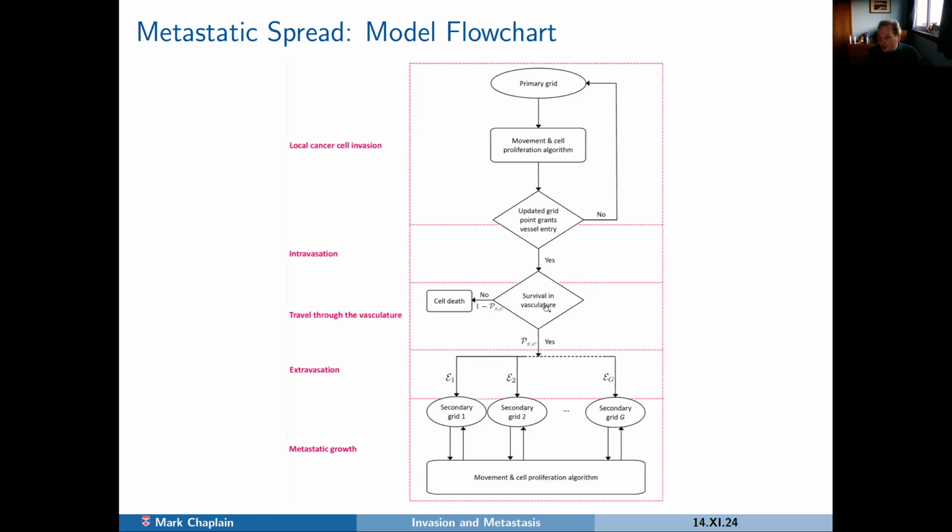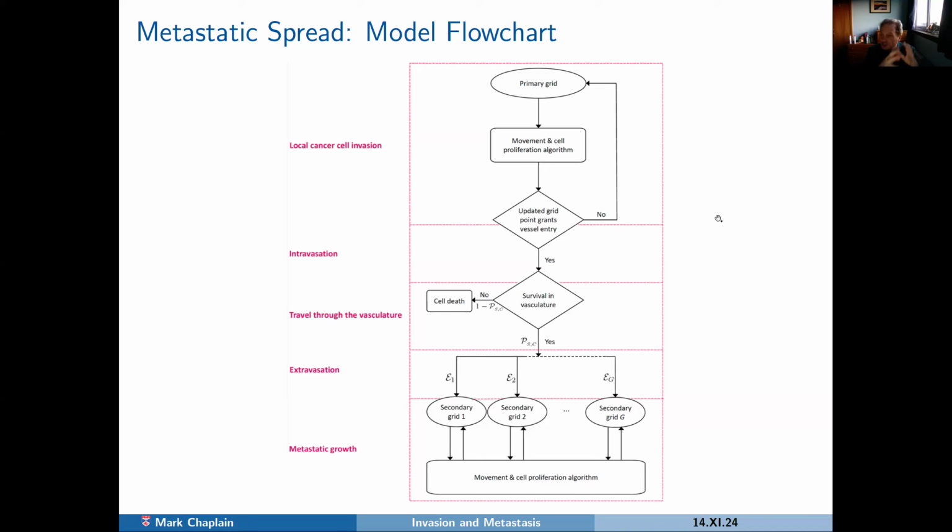If it survives the journey in the vasculature, then we allocate that cell into a secondary grid and we allow it to extravasate. And then once it's in the secondary grid, it can start to create a secondary tumor, either by proliferation if it's an epithelial cell, or it starts to locally spread and invade if it's a mesenchymal cell.